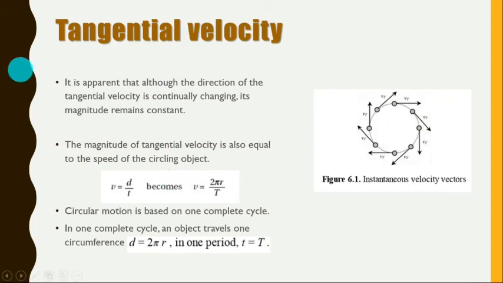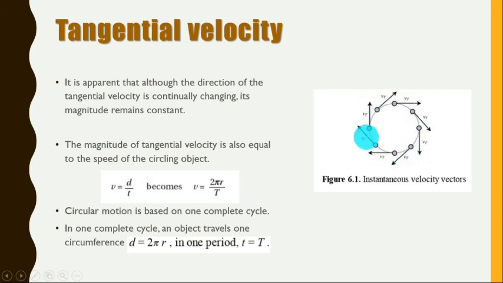It is apparent that although the direction of tangential velocity is changing, its magnitude remains constant. We said that before. Now, how to find the magnitude of this tangential velocity? We use the normal formula. Velocity equals what? Distance over time. We know this formula. We used it a lot before. Velocity equals distance over time. Here, what is the distance in circular motion?